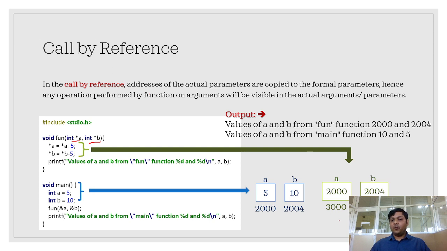They are directly linked with the memory allotted to a and b in function fun, where address location 3000 now contains the address of a, which is allotted in the main function, and memory location 3004 is directly linked with memory location 2004.